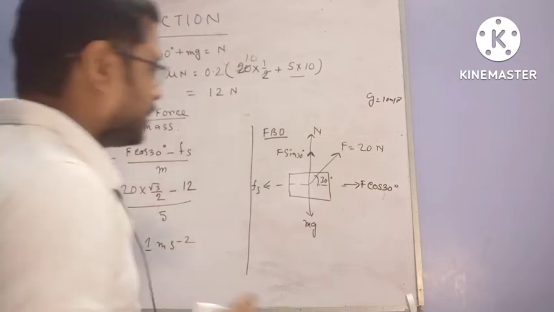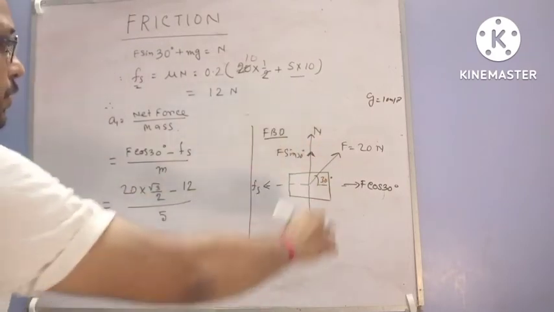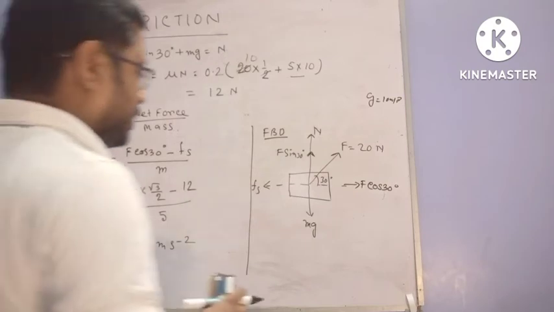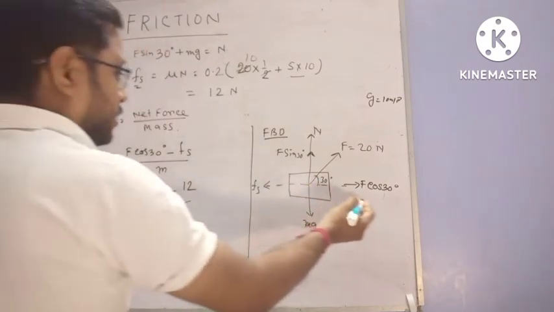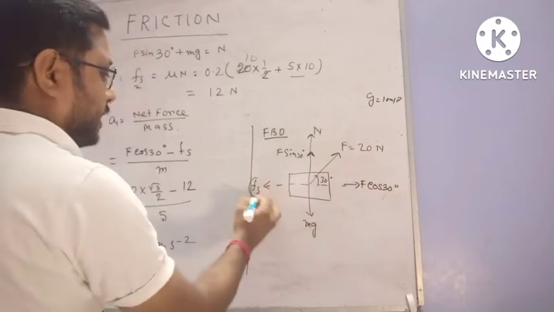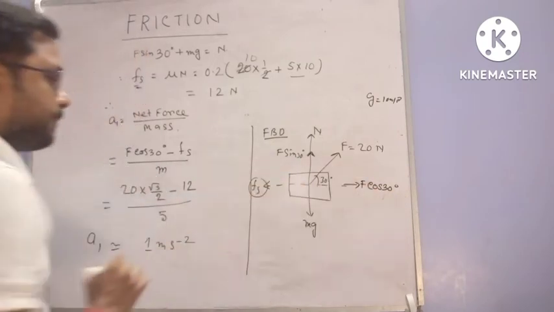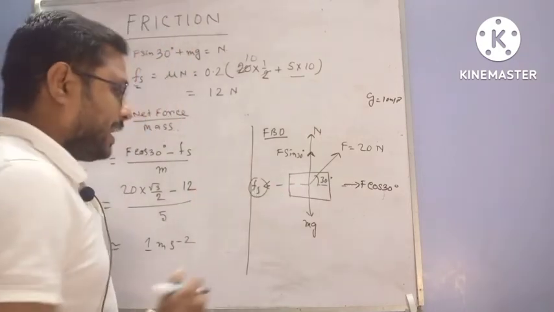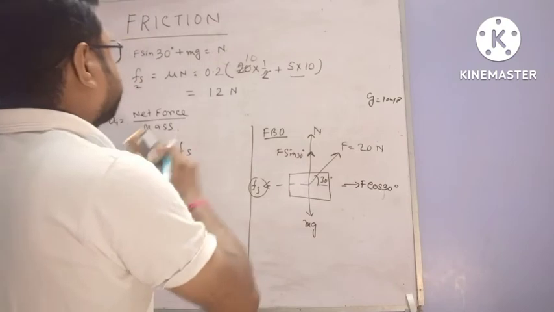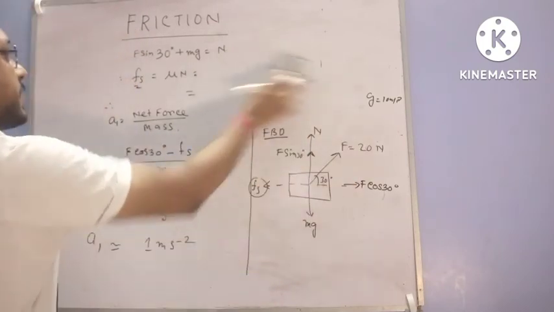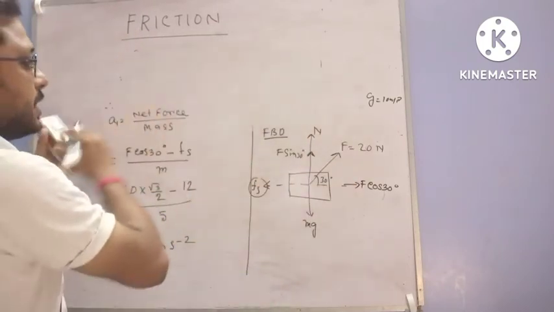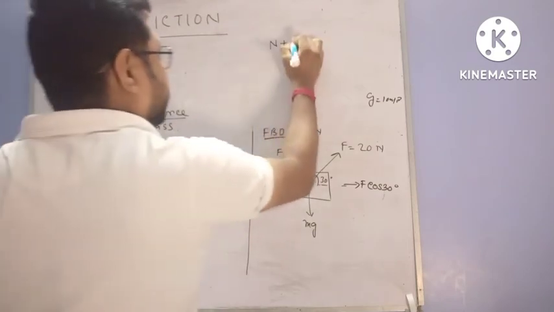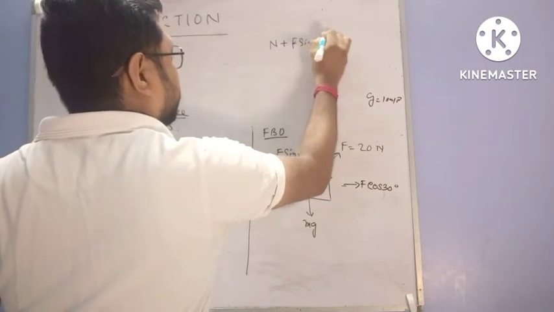Similarly, if we get the equation of A2, then what is the value? Here F cos 30 minus Fs is also the net force, and N in the normal direction plus F sin 30 equals mg.